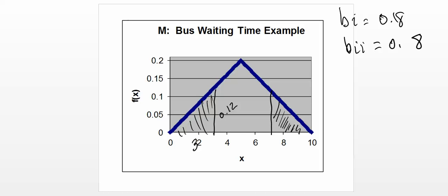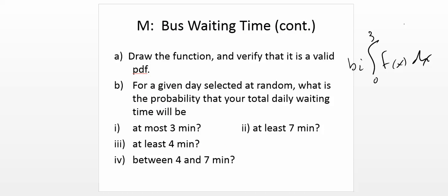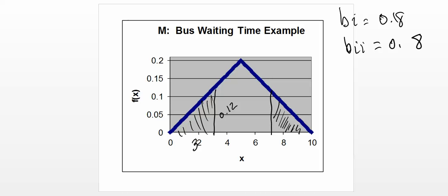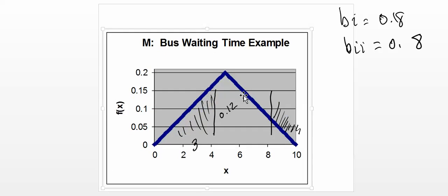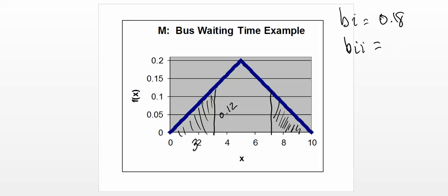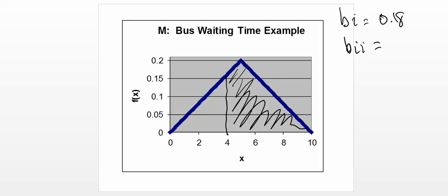For B-III, we want it to be at least 4 minutes. This is a little complicated, so I'm going to erase this, and remembering that we just asked the probability that it's at least 4, that's going to give us this area that we're interested in.